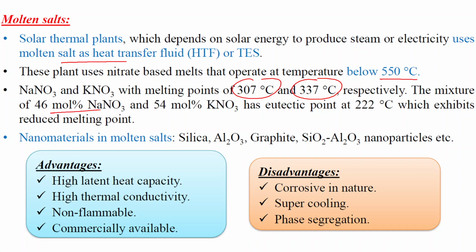Their mixture, 46 mole percent sodium nitrate and 54% potassium nitrate, has a eutectic point of 222 degrees C, which exhibits a reduced melting point. Nanomaterials such as silica, alumina, graphite, and nanoparticles can also be added to improve its thermal storage property. These are some of the advantages and disadvantages.